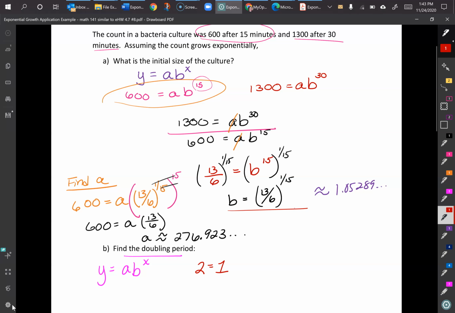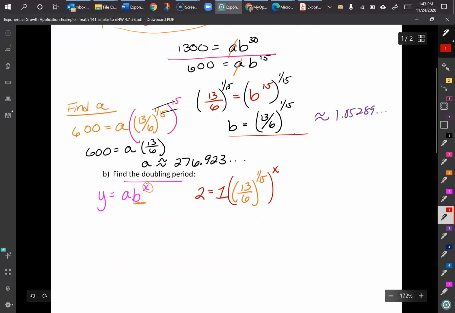And then my base from before was 13 over 6 to the 1/15th. And that is all raised to the x. So my base is what's in orange there, and my exponential is the other stuff in red. So this is where we kind of adjust those exponents. And we're going to need to solve for the exponent.